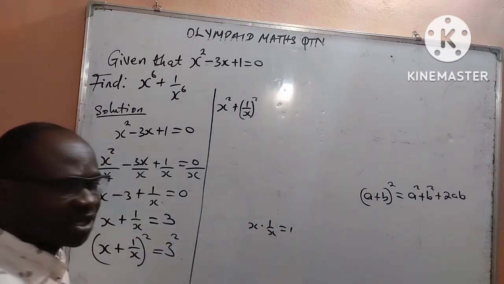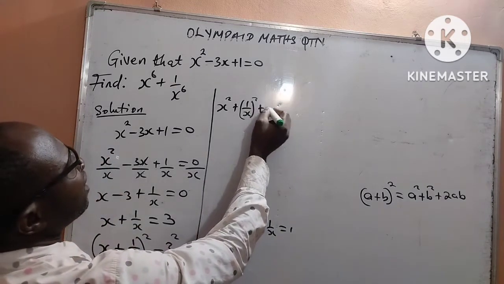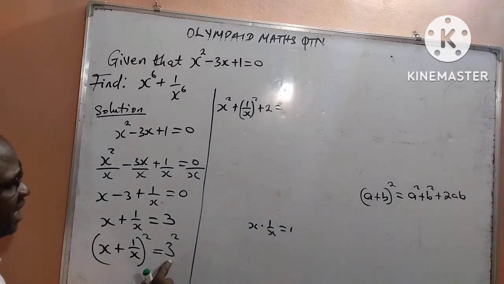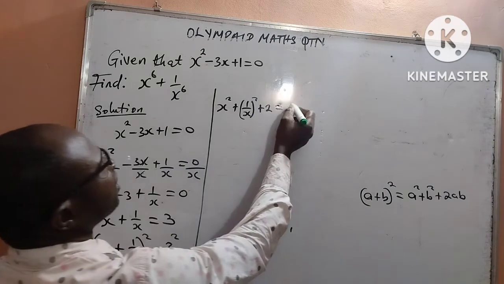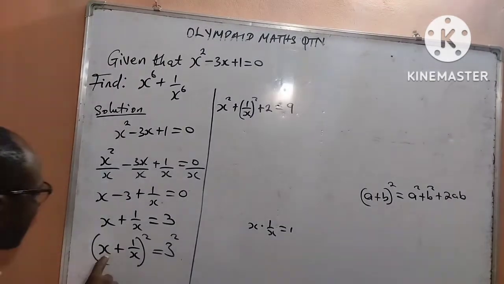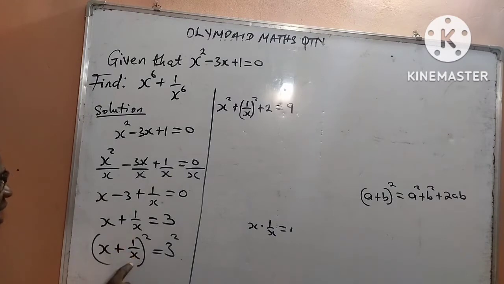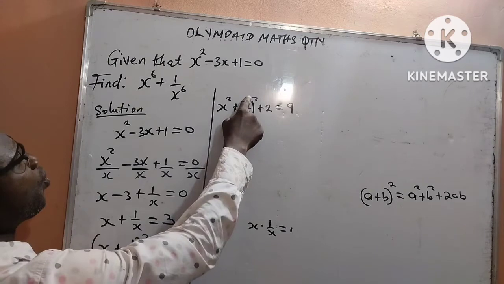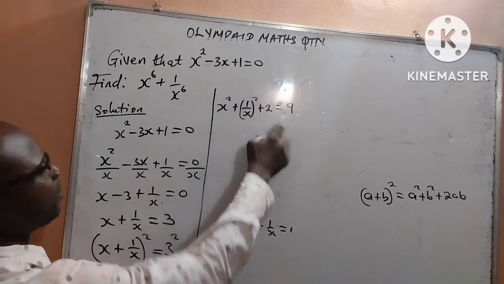Then I now multiply the result by 2, and that will now give me 2. Then equal to the right hand side, I have 3 squared, which will give me 9. Very good. So the expansion of my x plus 1 all over x all squared is equal to x squared plus 1 all over x squared then plus 2.